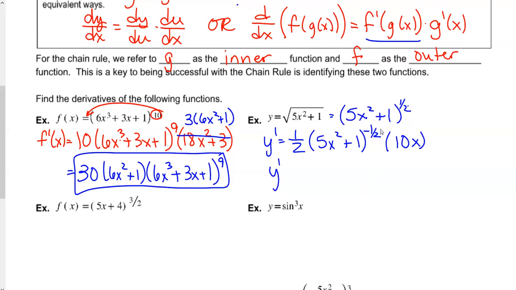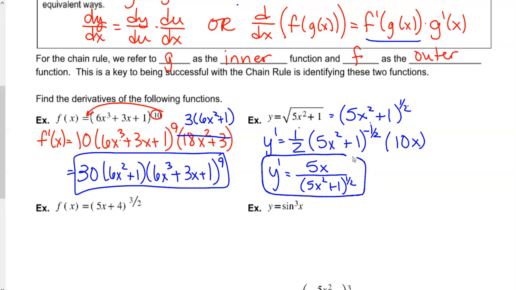So when I simplify, notice I have a negative exponent that I'm going to choose to write in the bottom as a 5x squared plus 1 to the positive 1/2. And the other pieces that I have is this 1/2 times this monomial 10x. Well, half of 10 gives me a 5, and those two things, don't forget your x, those two things would then occur on top. Okay?